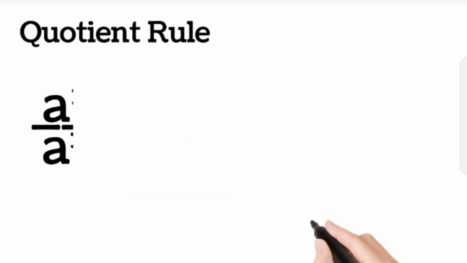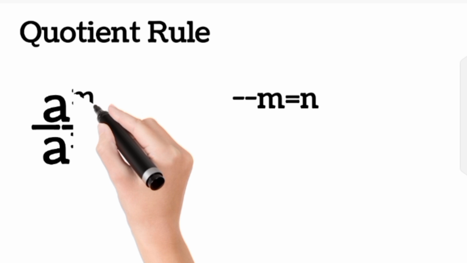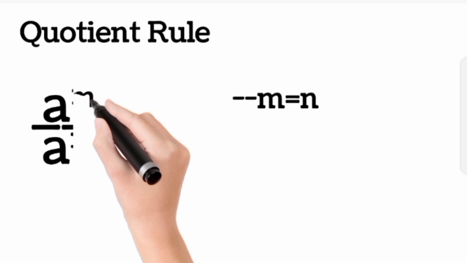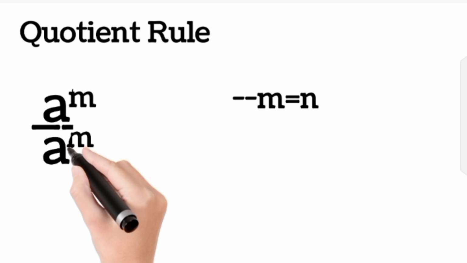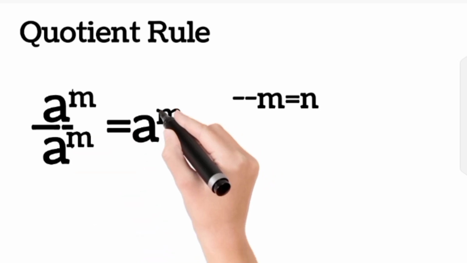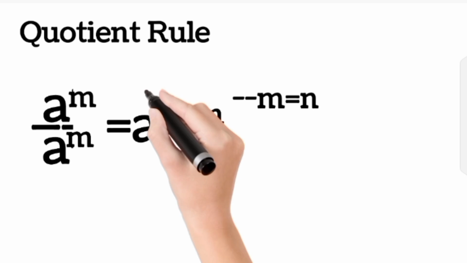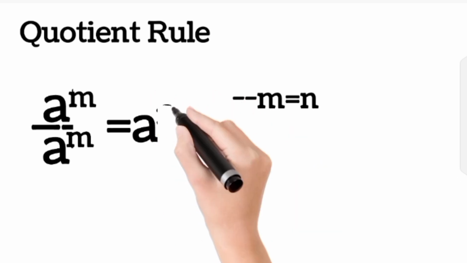Another scenario here is when m is equal to n. So a to the power m divided by a to the power m equals a to the power m minus m, or a to the power 0.